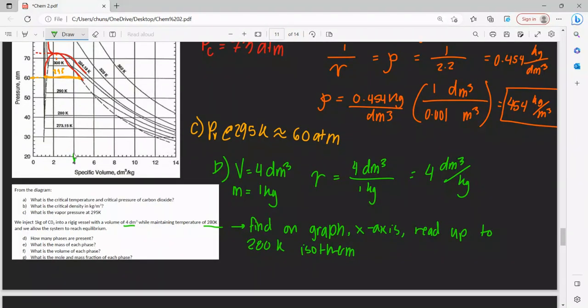So when we read upwards to 280 K, we see that it's on the tie line, so on the tie line region. So that means both liquid and vapor are present. So 2 phases present.